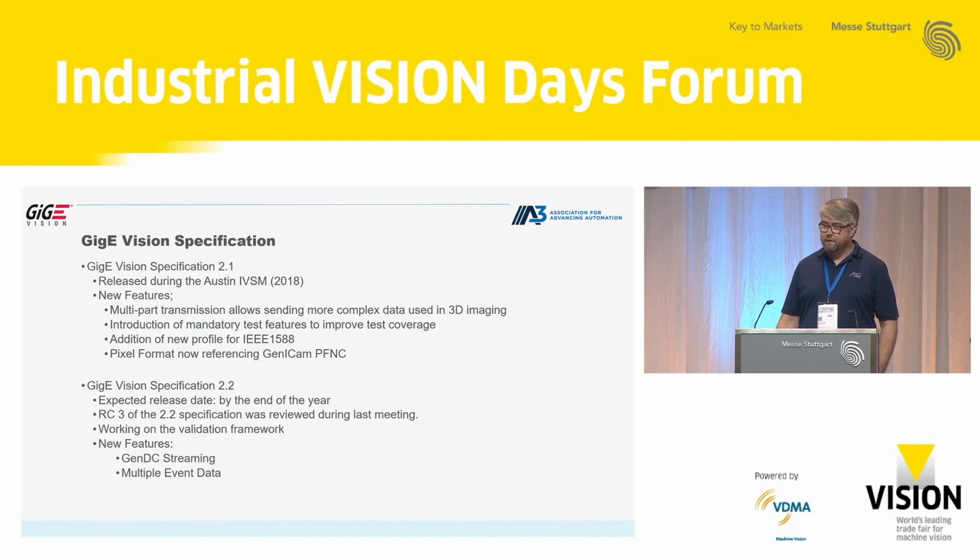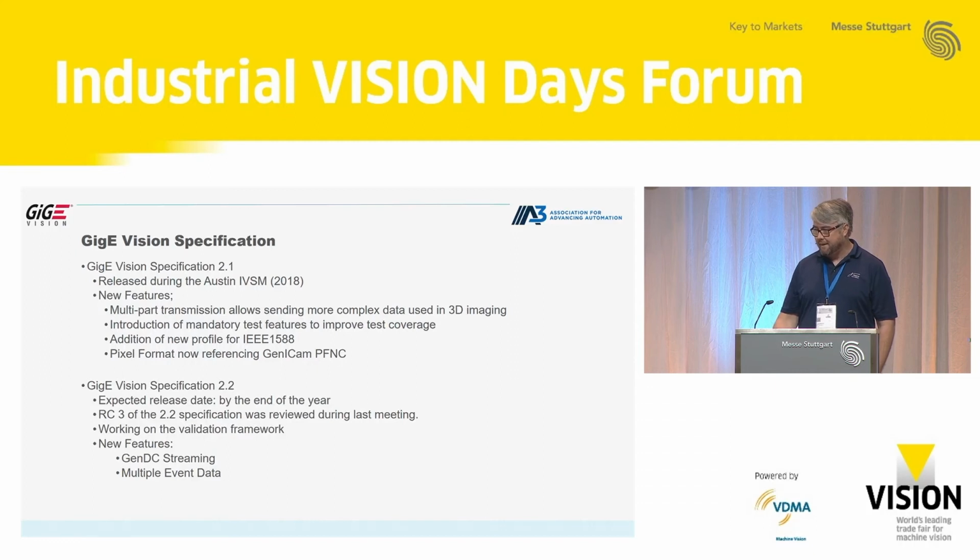We introduced a new profile for precision time protocol, and we removed some pixel formats that were defined in the specification itself in favor of referencing the GenICam pixel format naming convention.